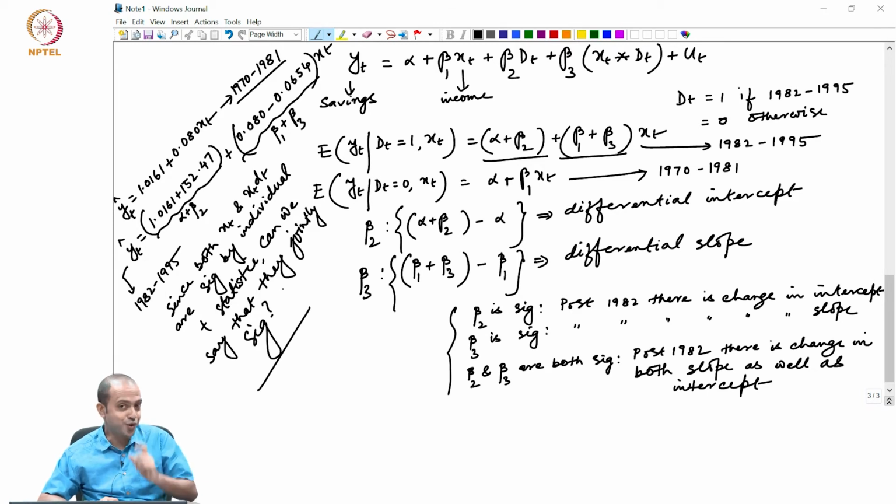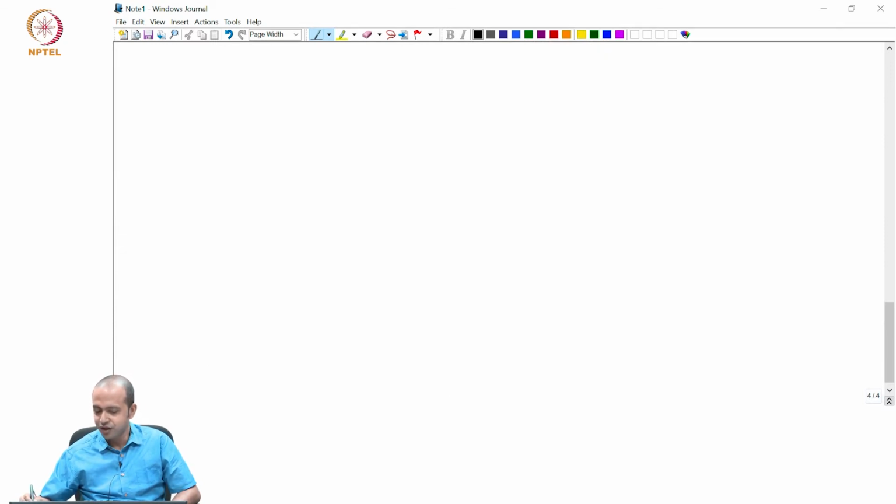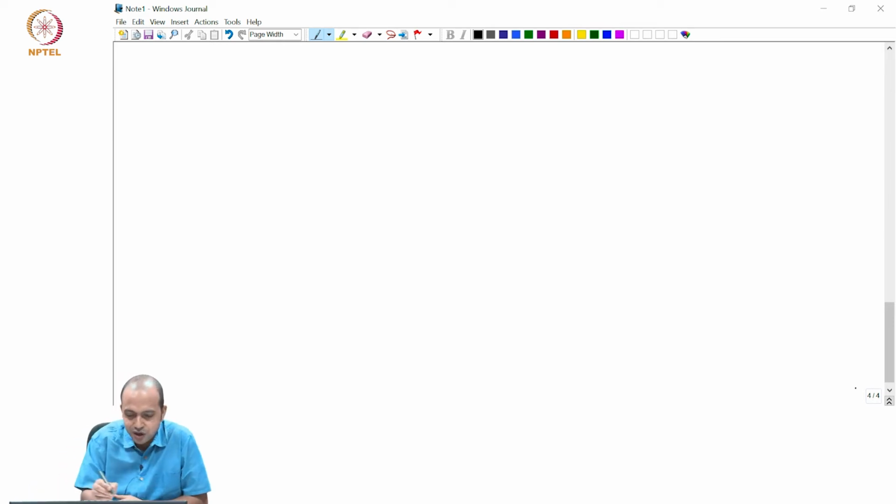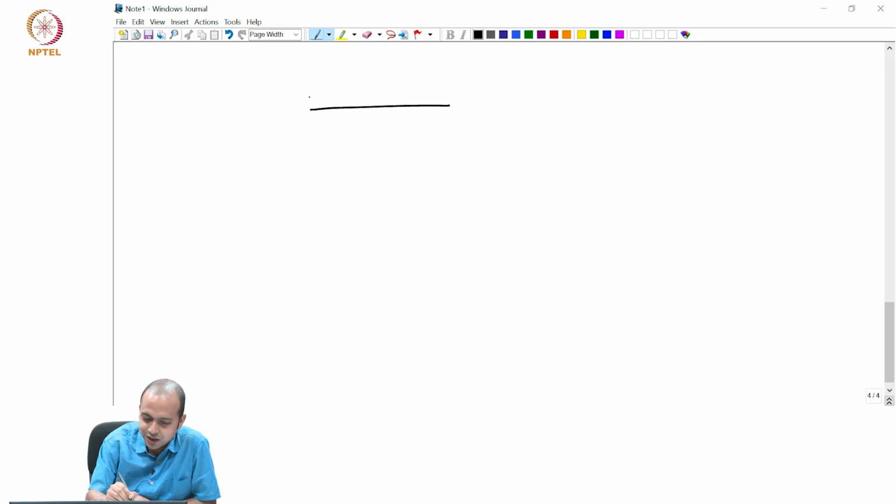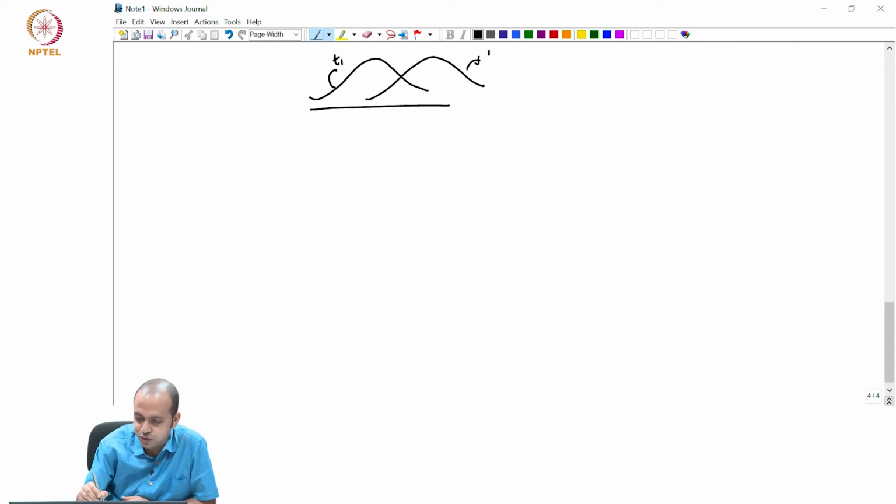If you recall, we discussed previously that there is no one-to-one mapping between t and F when you have a multiple linear regression model. Why is this so? You are collecting the data from the same sample, so if this is your T1 distribution and this is your T2 distribution, they are not independent. There is some overlap, and because of this, individual significance does not indicate joint significance.